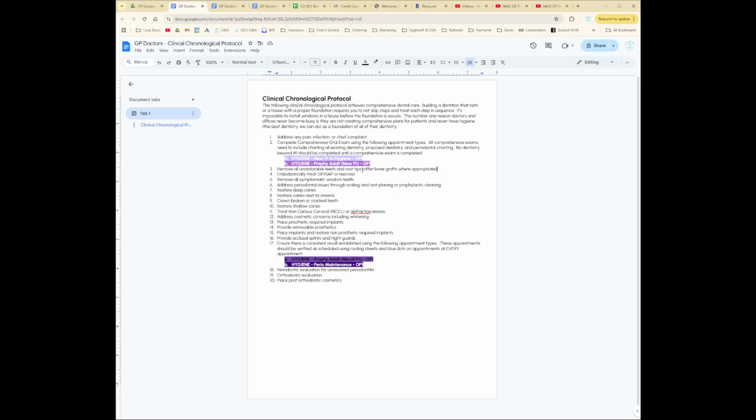So we'll remove all symptomatic wisdom teeth. We'll address periodontal issues through scaling and root planing or a prophylactic cleaning. And then we'll restore deep caries, okay? And a lot of times, if you have a patient that doesn't have a lot of large issues, but just has some medium issues, and we're trying to play the insurance game, we might restore deep caries this year, and then we might do shallow caries next year.